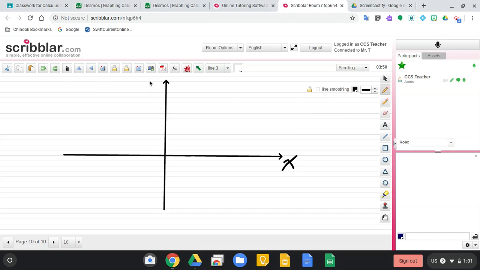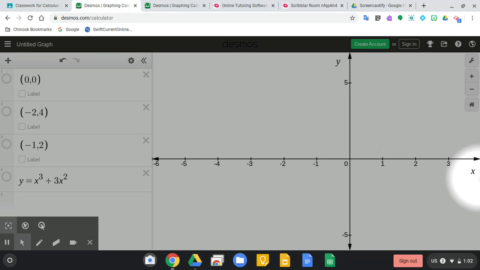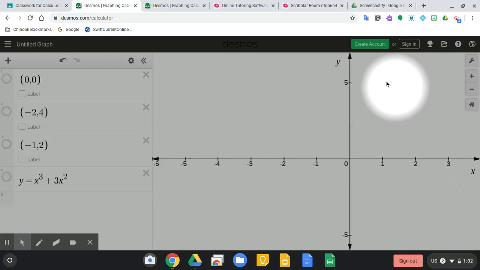Labeling x, labeling y. Now what I've done is I've gone to Desmos ahead of time and plotted an x and a y axis. Notice I have an arrow going to the right and my horizontal axis is labeled x. I have an arrow going up, my vertical axis is labeled y.